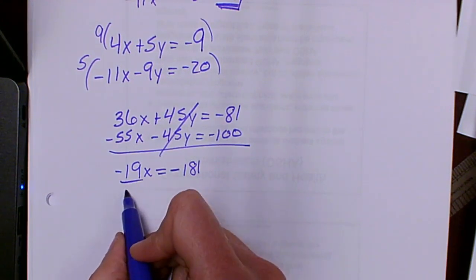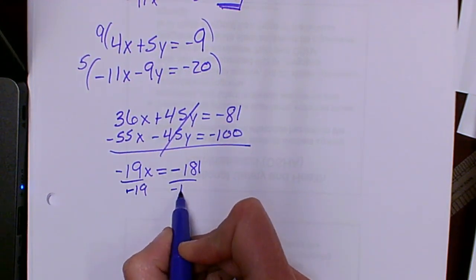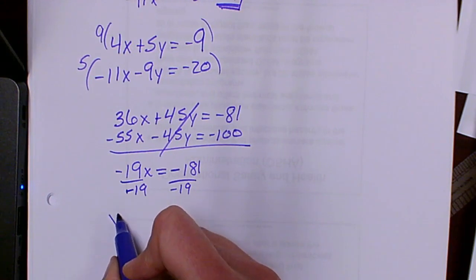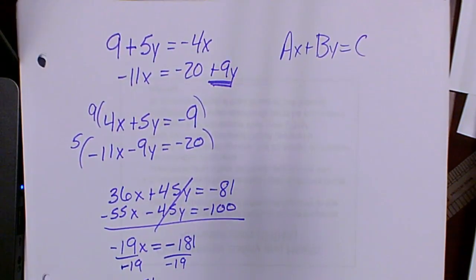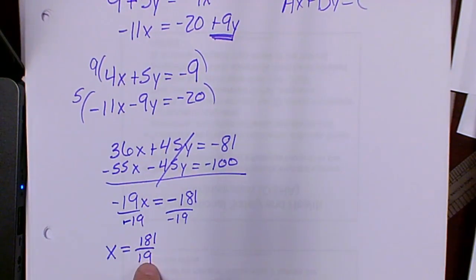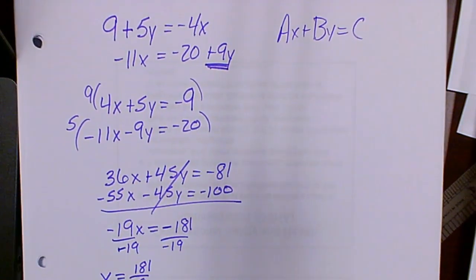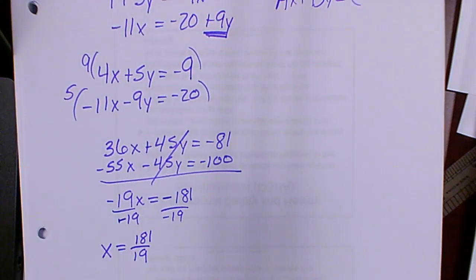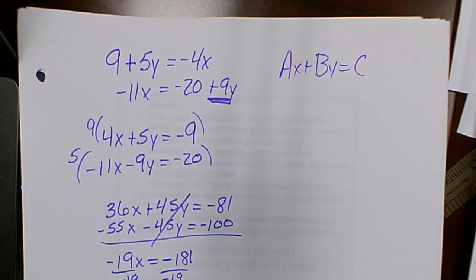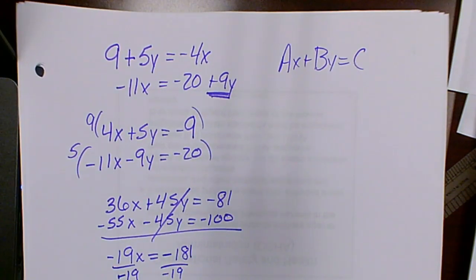Yeah, it won't. So anyway, that would be x equals 181 over 19. Okay, so nothing can divide into 19. So what we can do, since this is awful, what? Did I do something wrong, guys? Did I do something wrong?